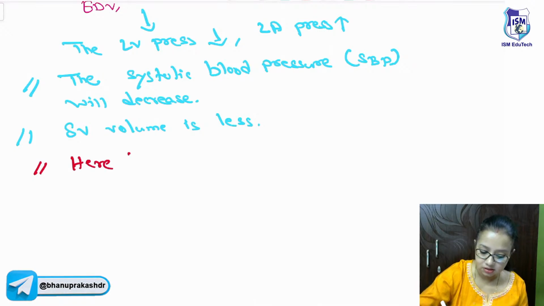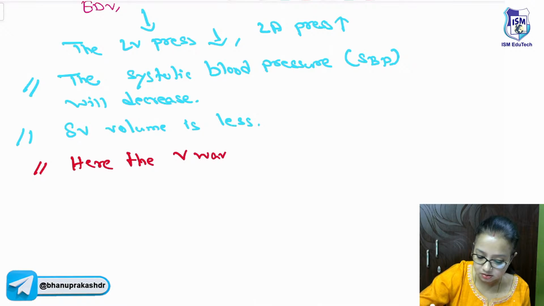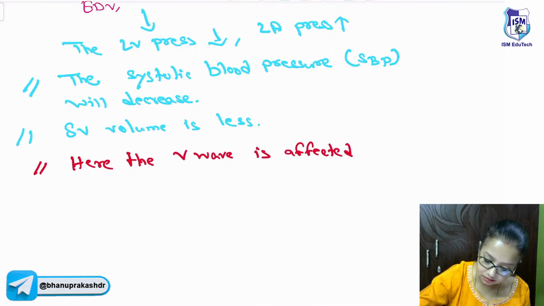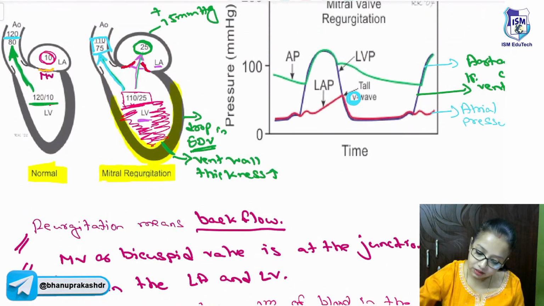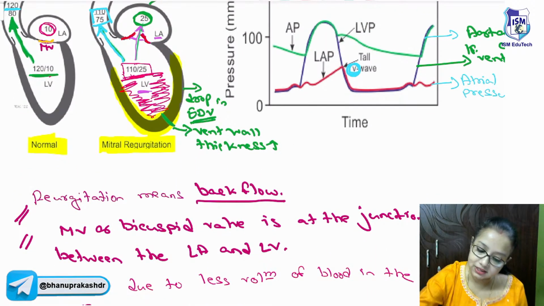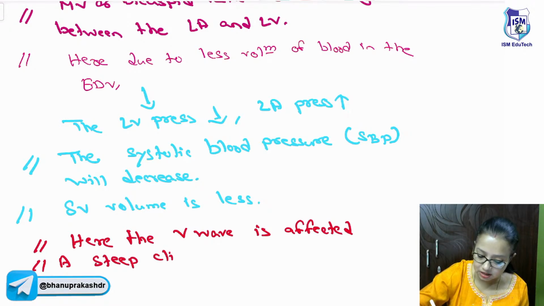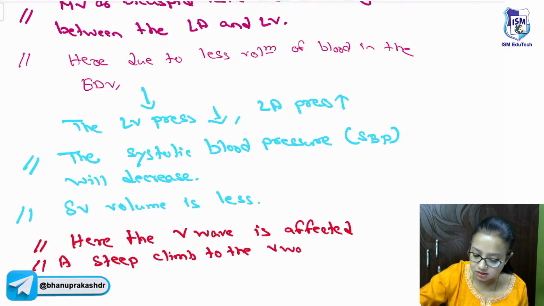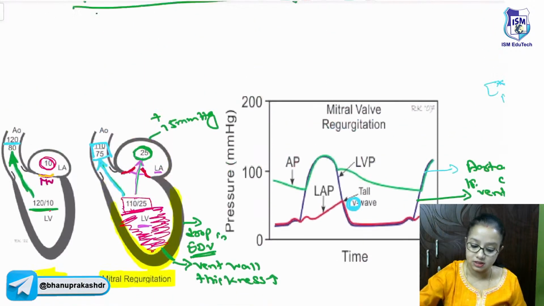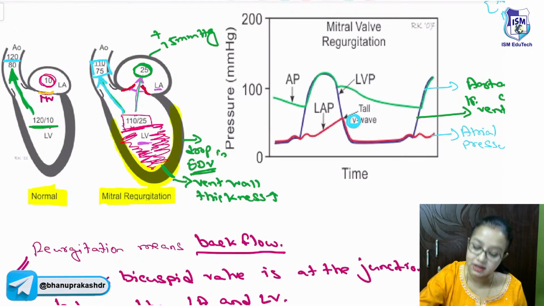Here the V wave is affected, and there is a steep climb to the V wave due to increase in the pressure in the left atrium.